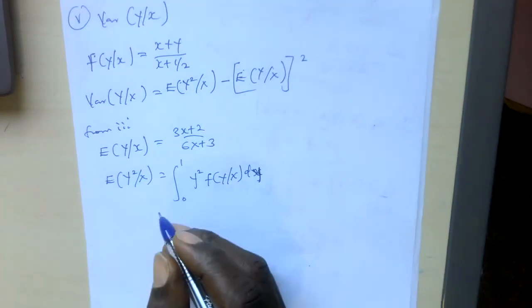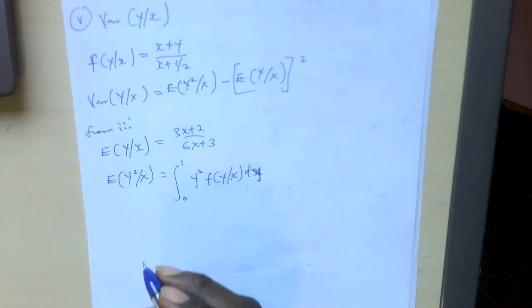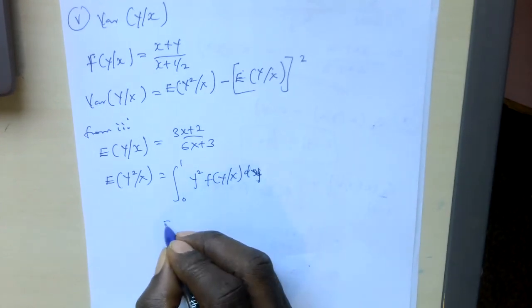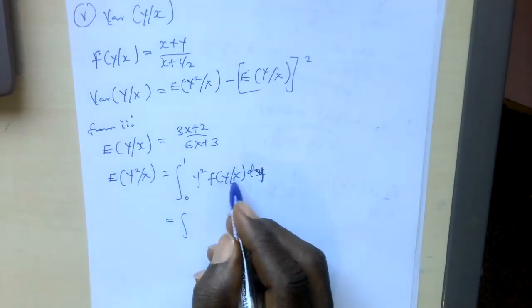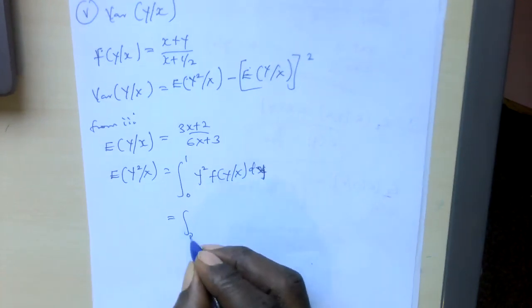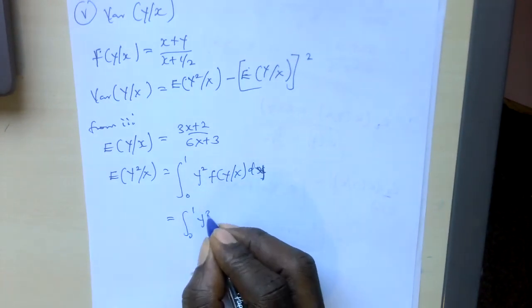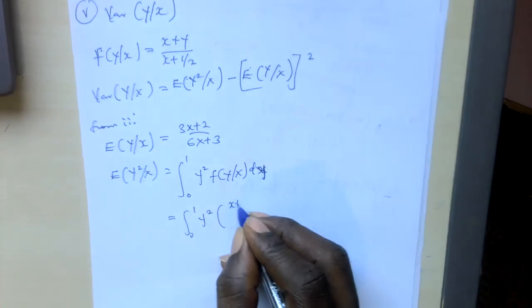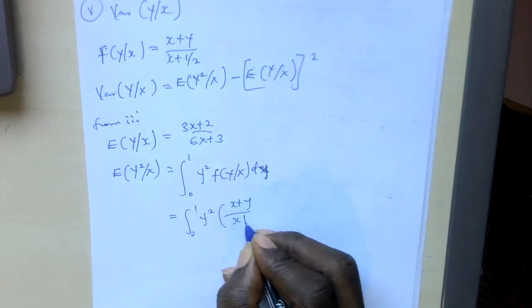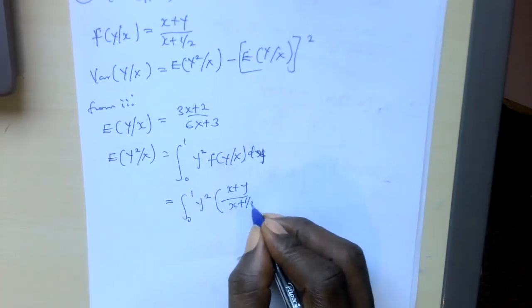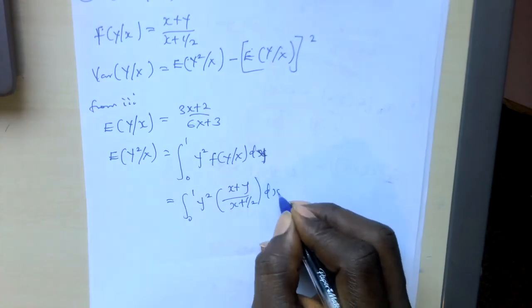So from here, just put in what our f of y given x is here, 0 to 1, y square times x plus y over x plus half, dy.